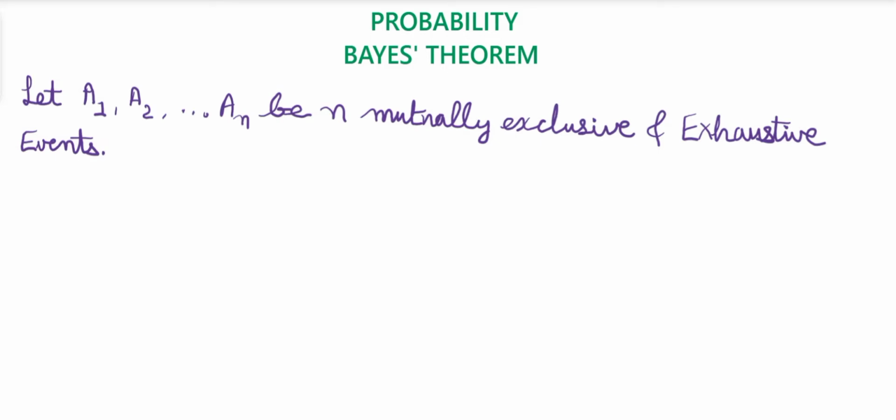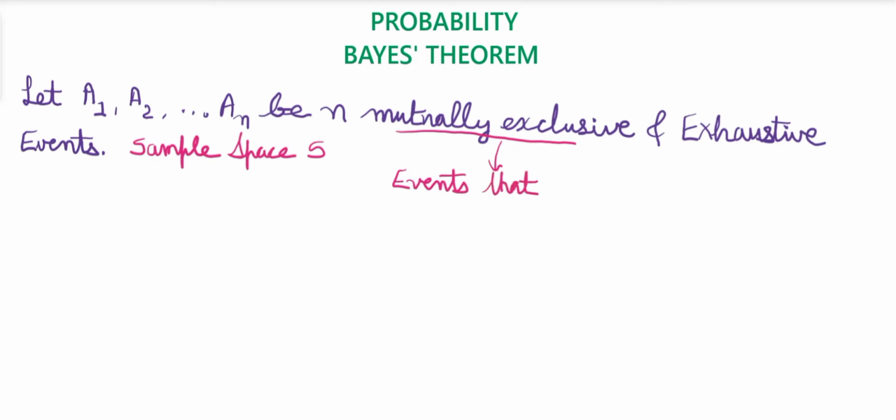Before we see the further statement, let's discuss what we mean by mutually exclusive and exhaustive events. The events are said to be mutually exclusive when both of the events can't occur simultaneously. Like suppose if we are tossing a coin, then both head and tail can't occur simultaneously.